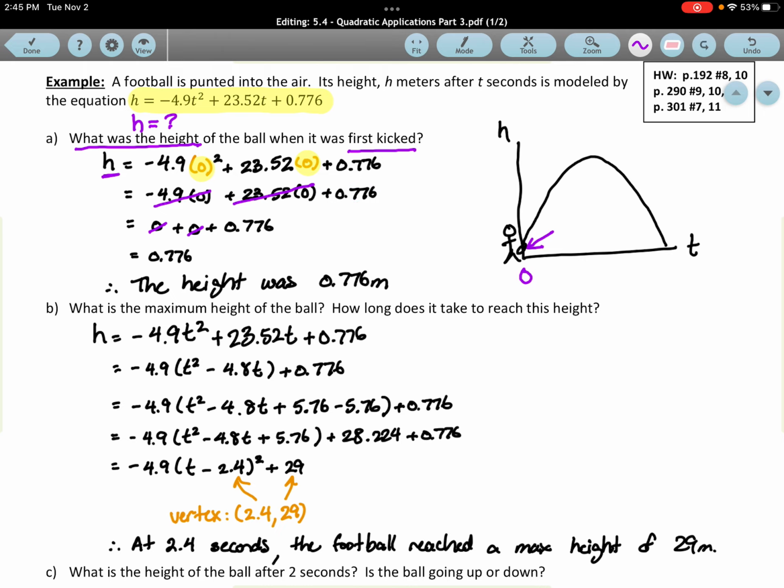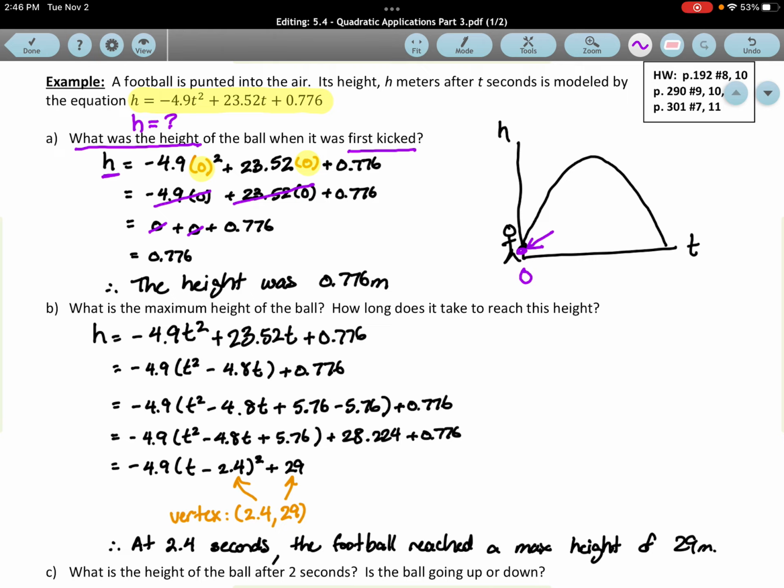We'd always said that the standard form gives you the h-intercept right there, and that's what this point is right here. So that number is 0.776, which means that as soon as it was kicked, it was actually already 0.776 meters off the ground. All right, and that's the first question. See, we're just decoding what each question is asking us for and solving algebraically.